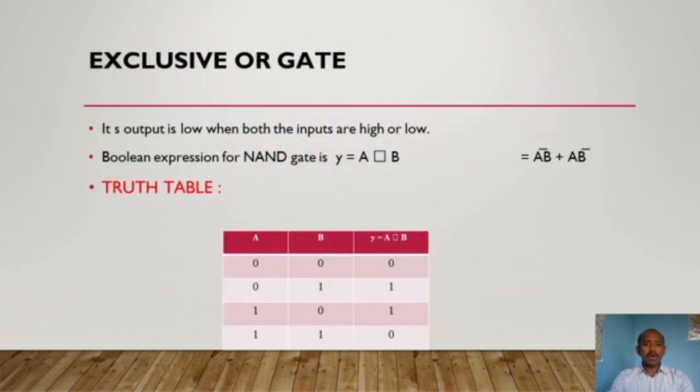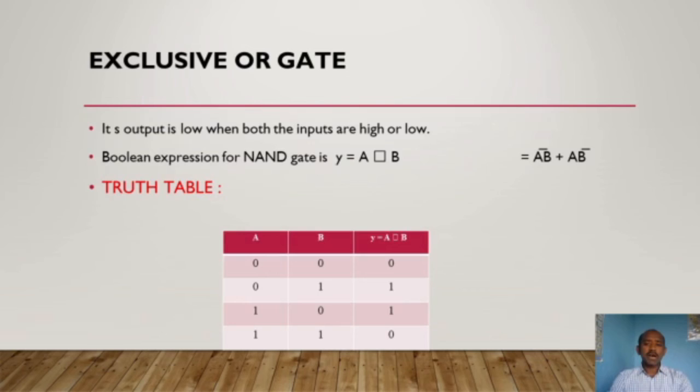And the exclusive OR gate is a little bit different. Its output is low when both the inputs are high or both are low. In the truth table we can see that if the inputs are 0 and 1 or 1 and 0, then only the output will be high.